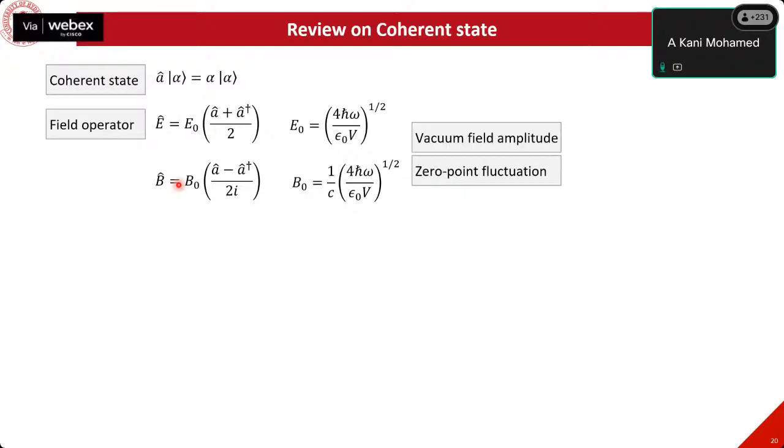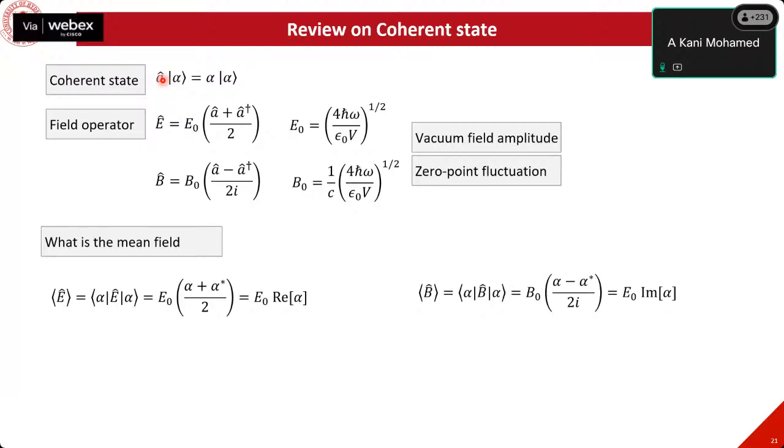But the coherent state is not an eigenstate of either E or B, so we don't have a specific value for the electric and magnetic field. Rather, it's an eigenstate of the annihilation operator. What we can talk about is the mean value of the electromagnetic field. It's very simple to compute the mean values for the electric and magnetic fields, as the coherent state is the eigenstate of the annihilation operator.